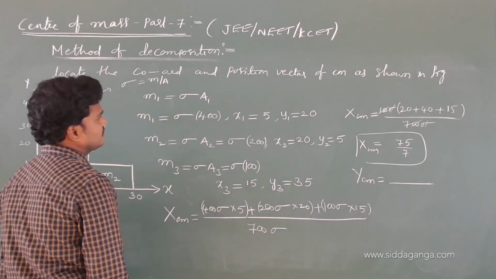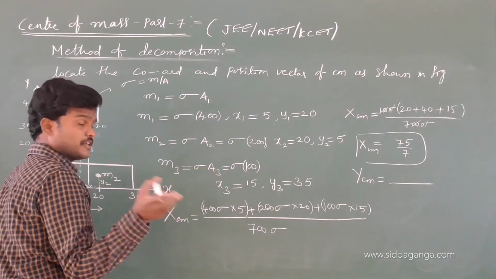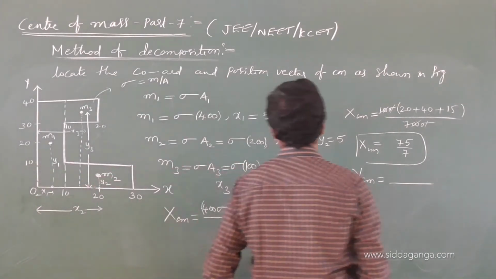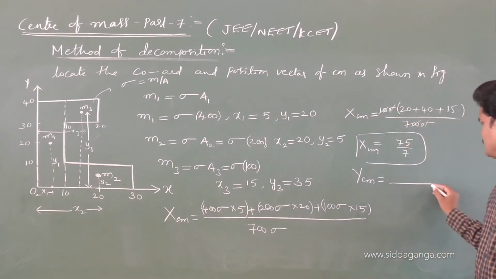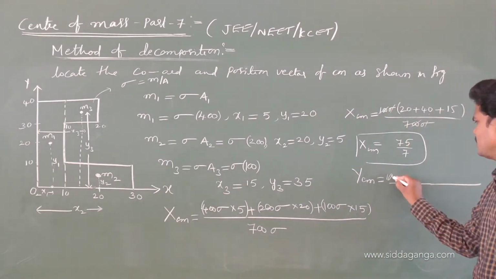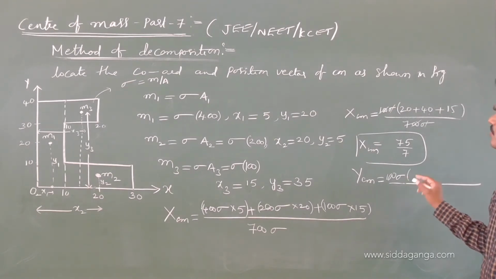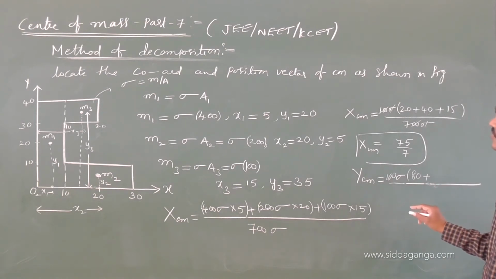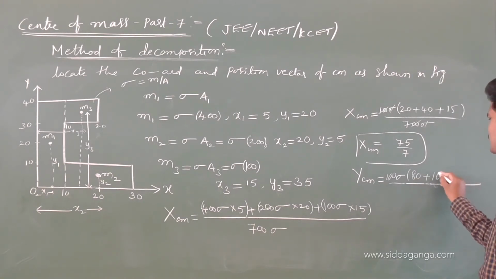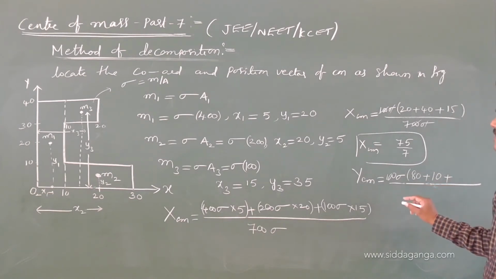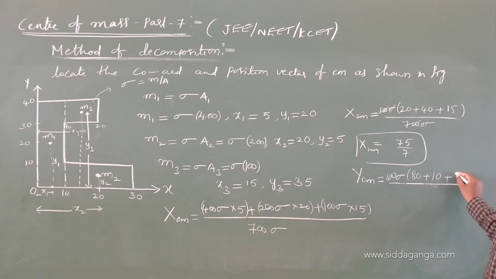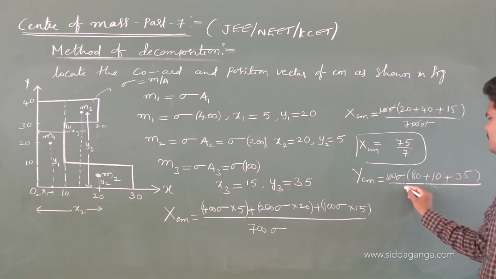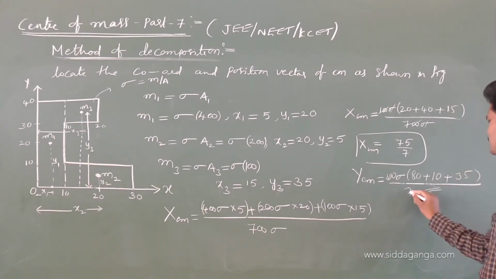So, YCM means M1 y1. Let me just cross check. M1 y1, 400 sigma, everywhere 100 common, so 100 sigma. I will do roughly 4 twos, 80. And M2 200 already, 2 fives, 10, 100 common already, 35, over 700 sigma.